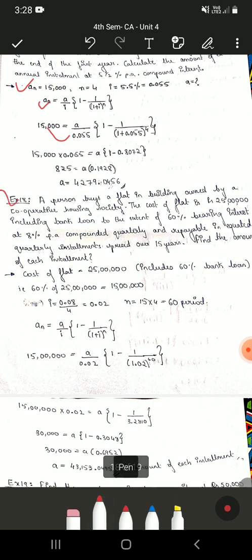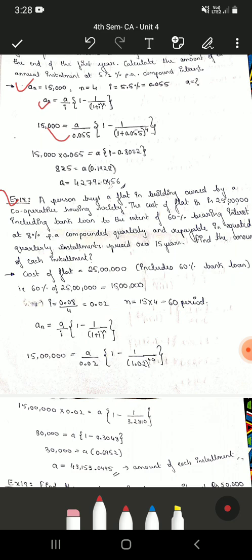So the 18th problem is: a person buys a flat in a building owned by a cooperative housing society. The cost of the flat is 25 lakhs including bank loan to the extent of 60% bearing interest at 8% per annum compounded quarterly and repayable in equated quarterly installments spread over 15 years.